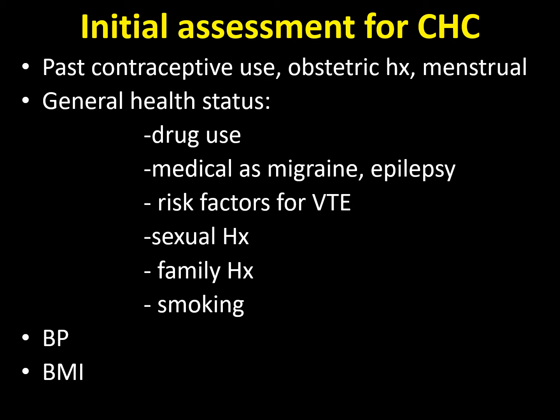If she's using any medications, especially anti-TB and anti-epileptic medications, history of migraine with or without aura, epilepsy, risk factors for thromboembolic disease, sexual history, and check the woman's risk for sexually transmitted infection, family history that increases the woman's risk of thromboembolic disease, and very important, most importantly, smoking. Physical exam, check the blood pressure and body mass index.